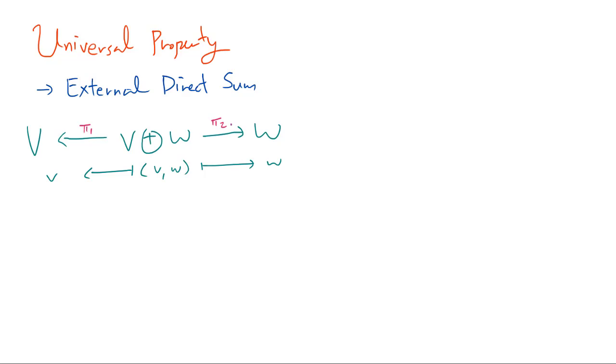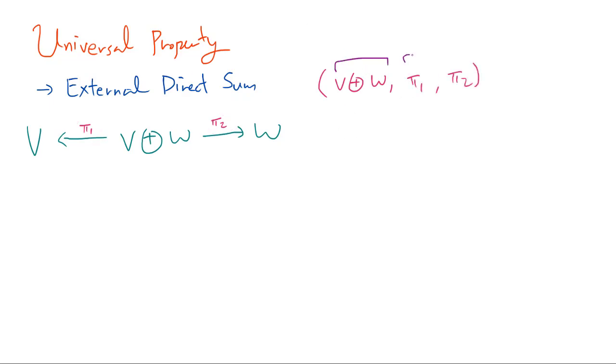And now what I claim is, forget about how we defined V plus W. Forget about what this projection map actually is. I claim that we can just define external direct sum by considering the tuple V plus W, this linear map pi1 and this linear map pi2, and specifying what kind of property the space and pi1 and pi2 satisfy. I claim that we don't even have to know what V plus W actually is.